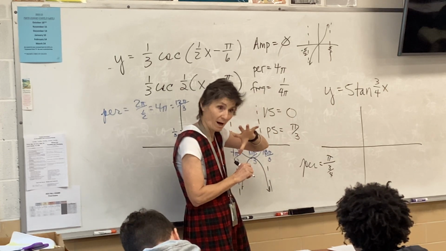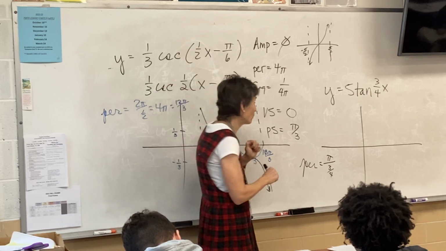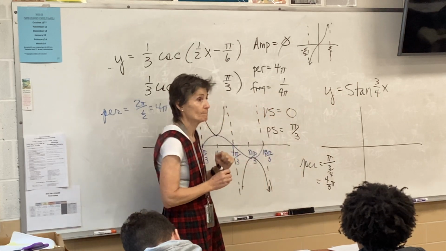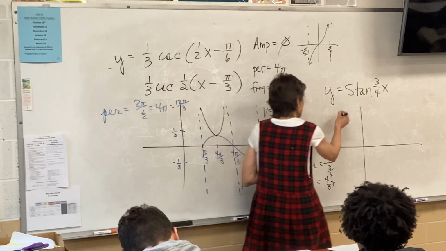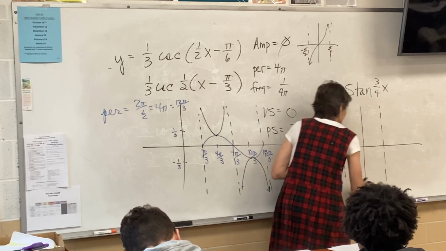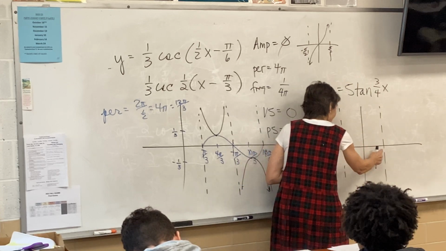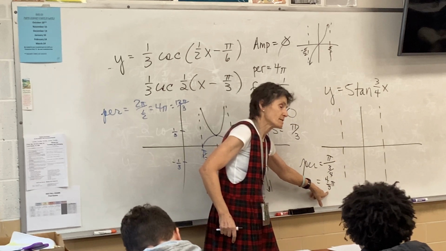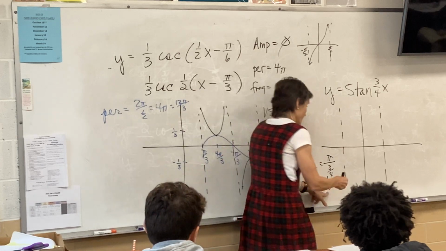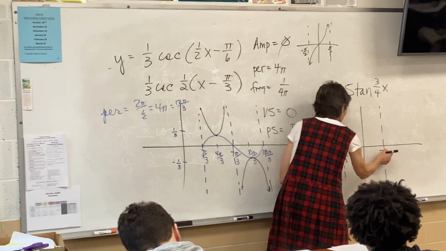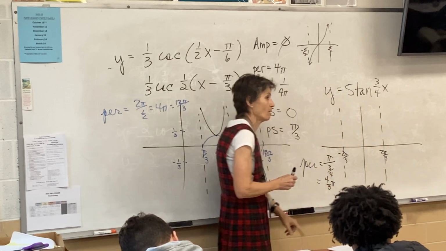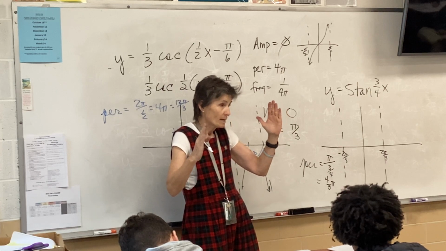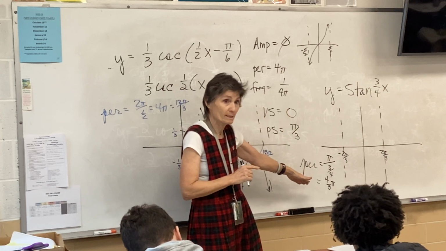The normal period's pi, so I'm dividing by 3/4, which is multiplying by 4/3, giving 4/3 pi. That means from asymptote to asymptote is 4/3 pi. So where are the asymptotes? Negative 2/3 pi and positive 2/3 pi. Because asymptote to asymptote is a period, and you know that the period's 4 pi over 3.